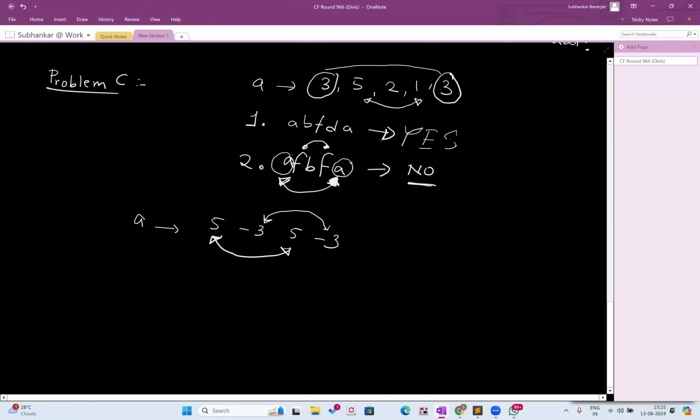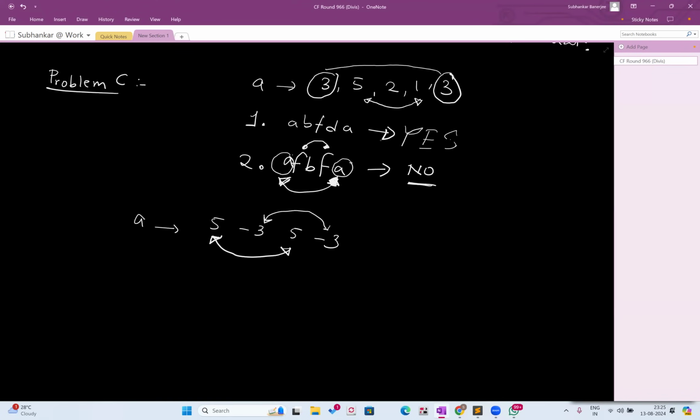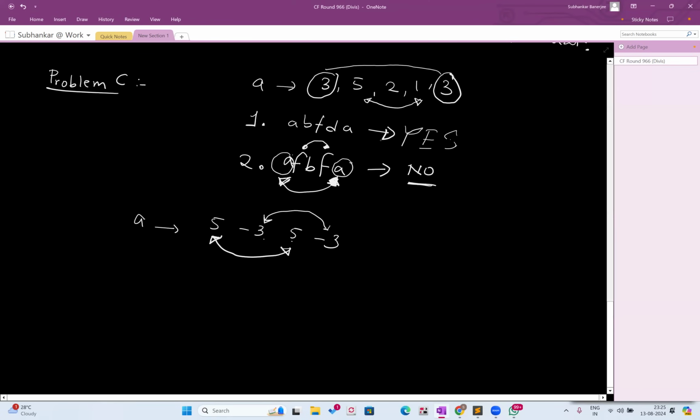But since this is minus 3 and this is 5, these two should have different characters. The second and the fourth index should have the same character, and the first and the third index should have the same character in the strings.